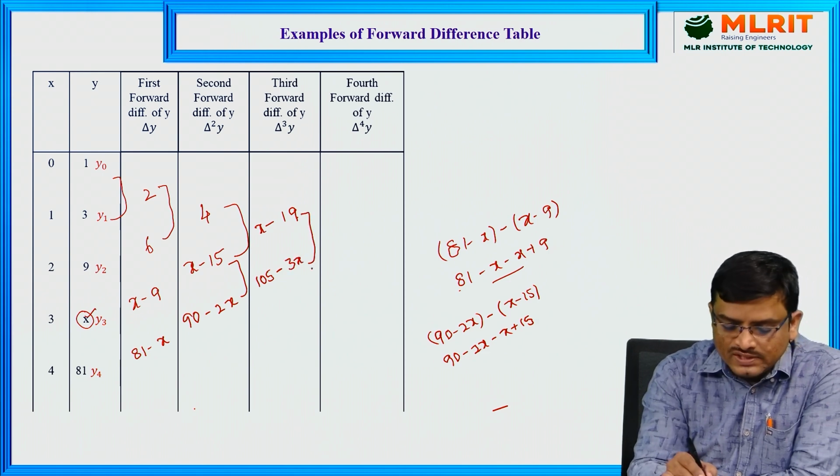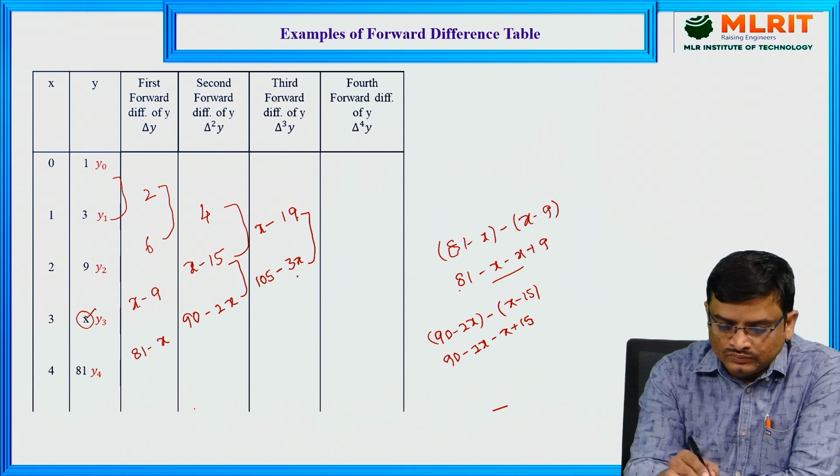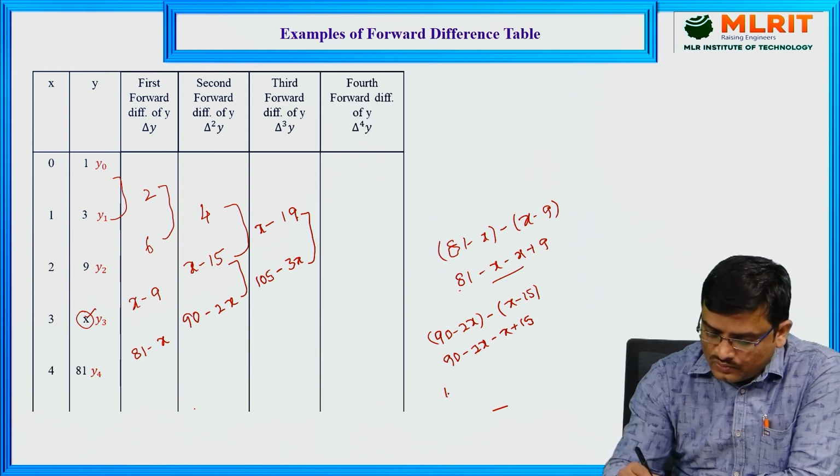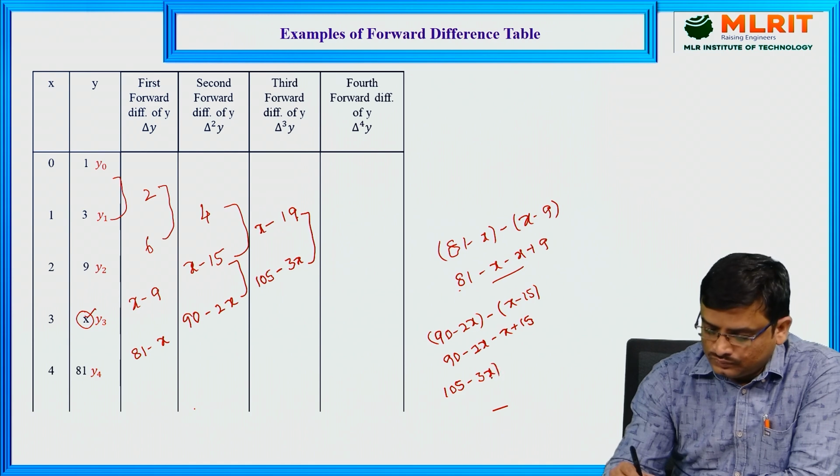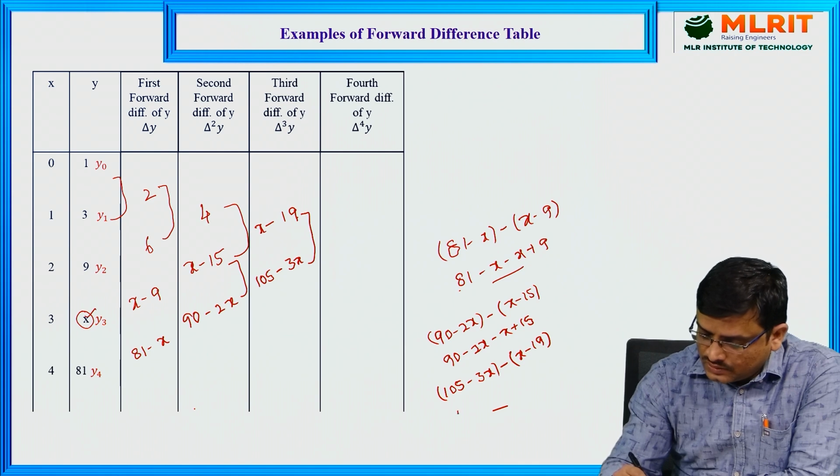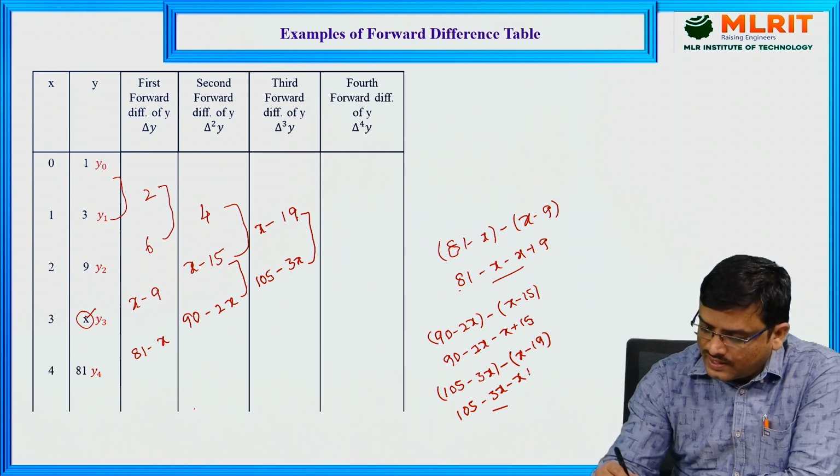Now once again take the difference here. So you will get 105 minus 3x minus of x minus 19. So you will get 105 minus 3x minus x, minus of minus is plus 19.